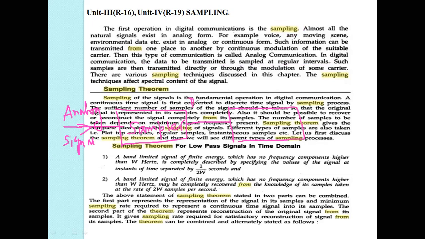After sampling, only a discrete signal we are getting. Continuous analog means continuous, and this discrete signal, by using the quantizer, is converted into the digital signal.